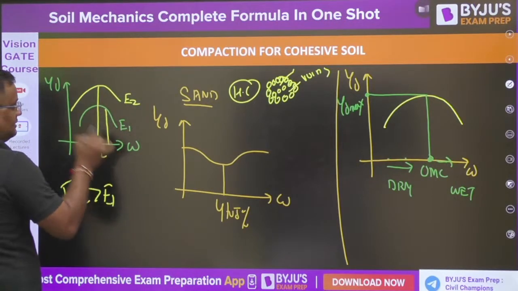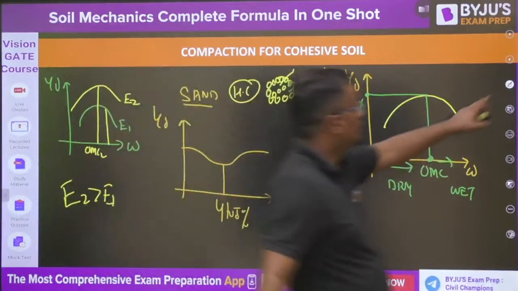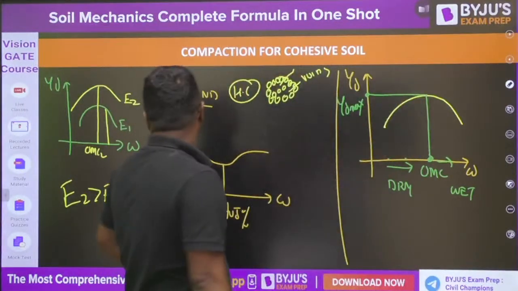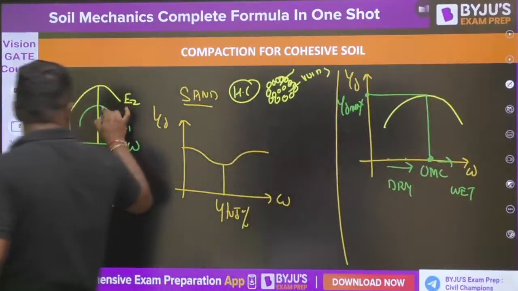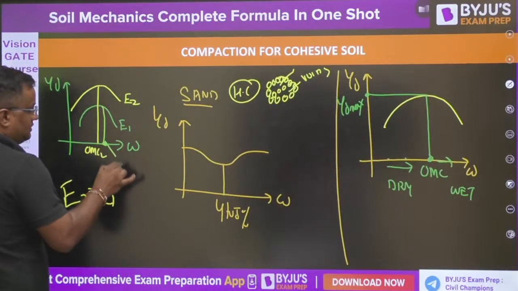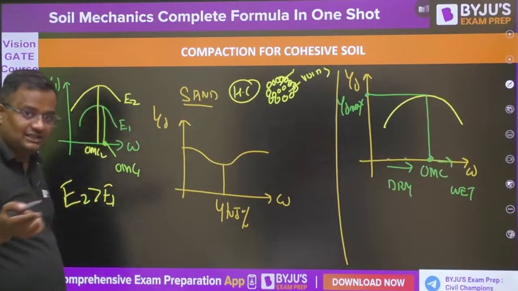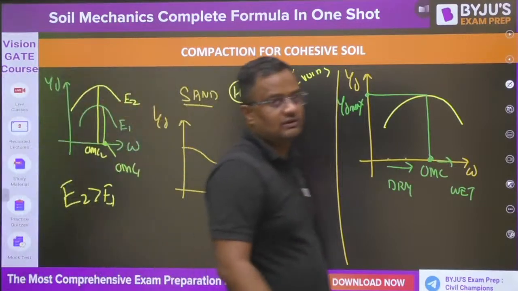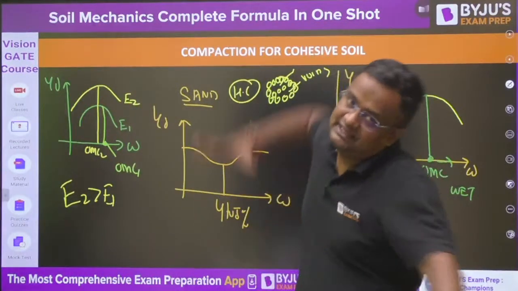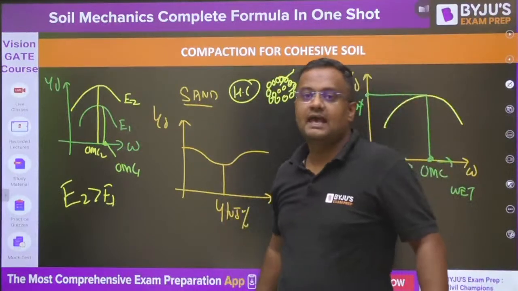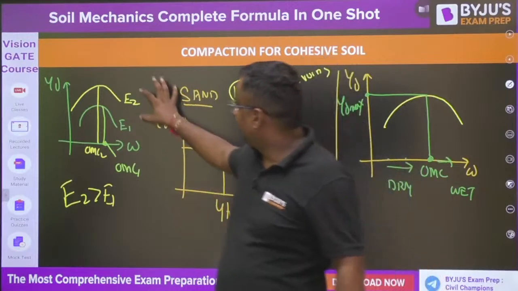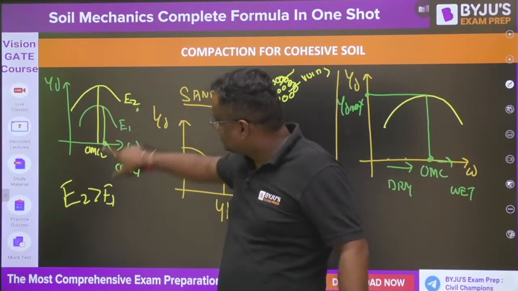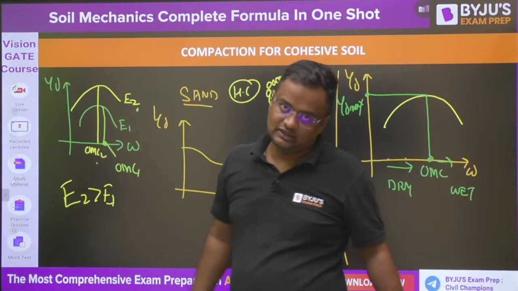The OMC2 value is lesser than the OMC1 value, although my figure is not showing it well, but it's okay. So when the energy is greater, less water content is required. Guys, to compact, one help is the energy and another help is the lubricant. So if one friend is increased, the other factor is reduced.